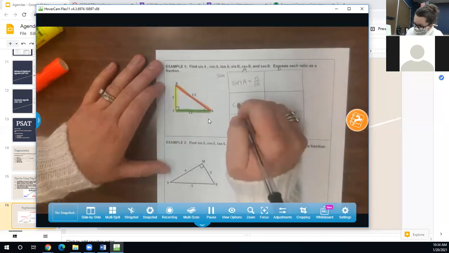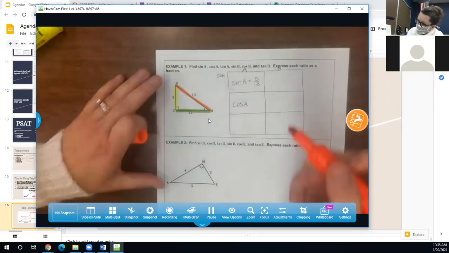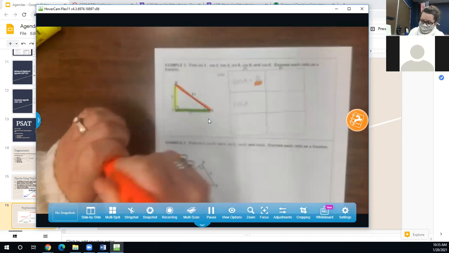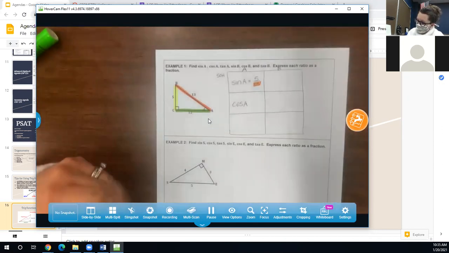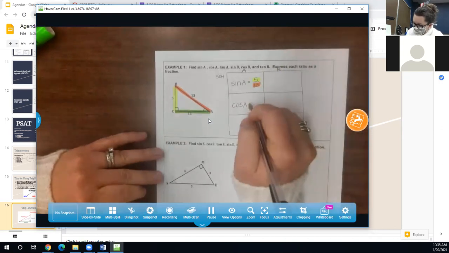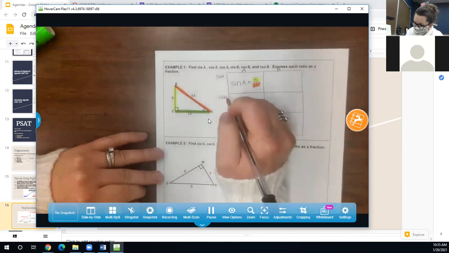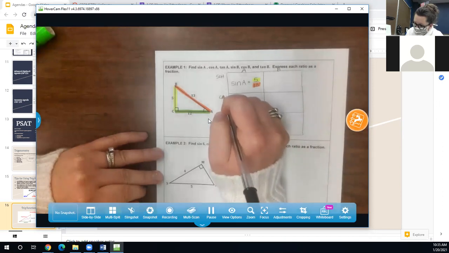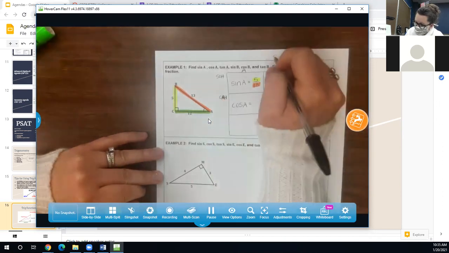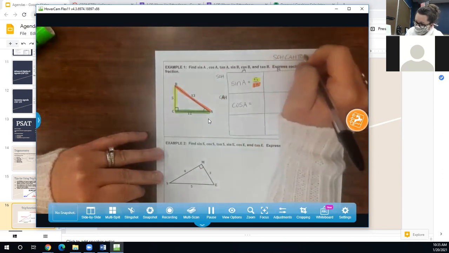Let's do cosine A. Let's color these first. All right, cosine A. So cosine is the CAH, so CAH TOA.